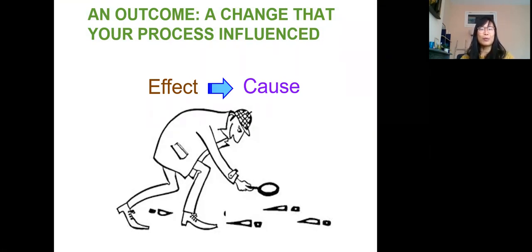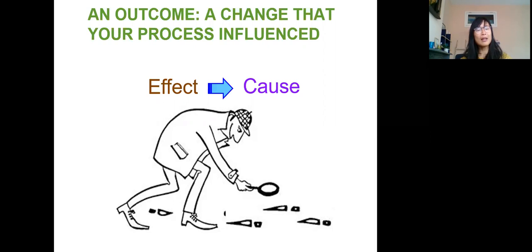And when we think about contribution, I would like you to see it as we are working as detectives. So we arrive at the crime scene, and that's the change that we observe that has taken place.